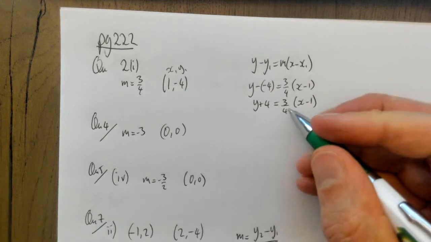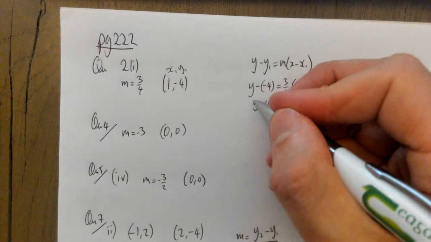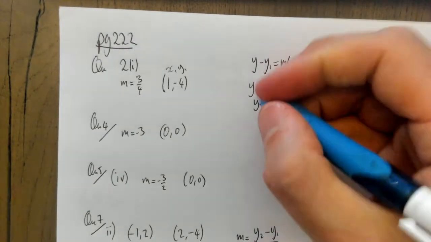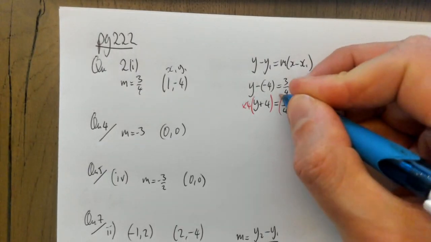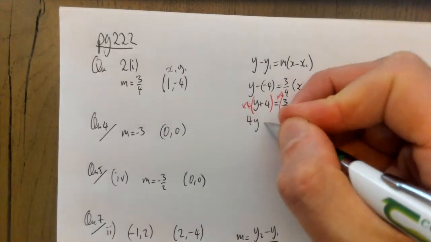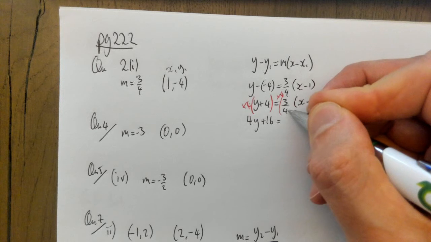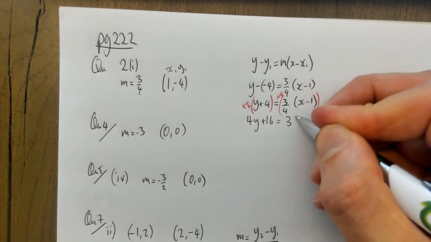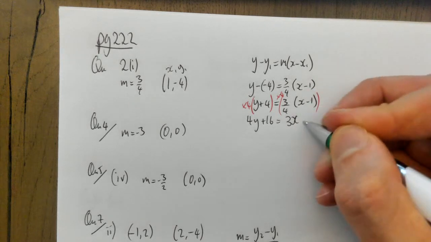What I said to you to do when you have a fraction as a slope is to multiply both sides by 4. So all of this by 4 and all of that by 4. Here you'd end up with 4y plus 16 is equal to, this 4 cancels with the 4 on the underside of the fraction, so you end up with 3. 3 times x is 3x, 3 times minus 1 is minus 3.